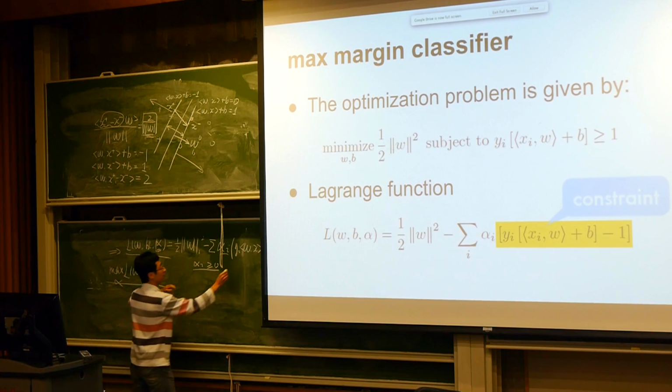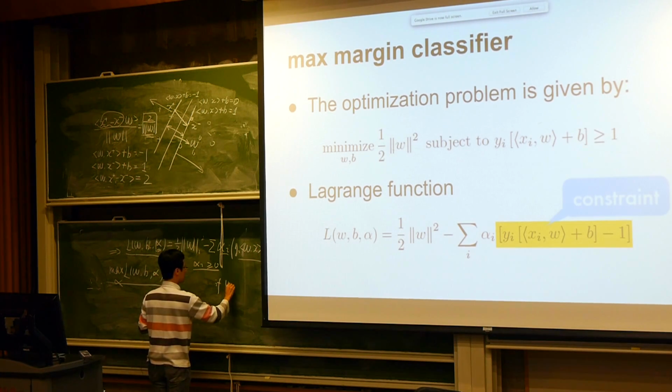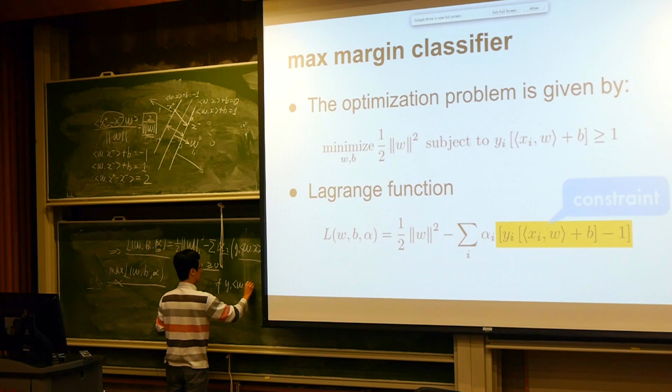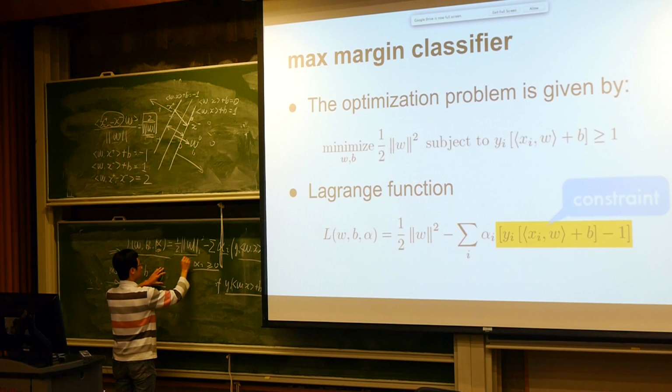And we find that if yi times this is greater than or equal to 0, then the value becomes this.